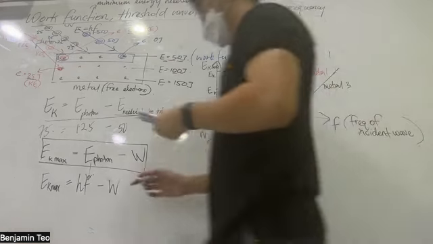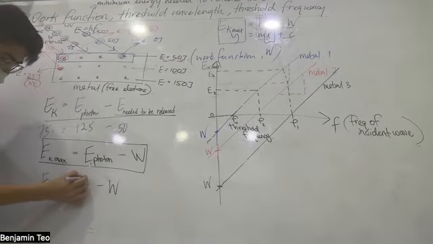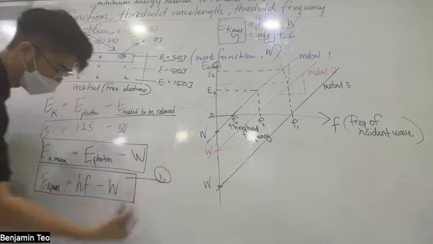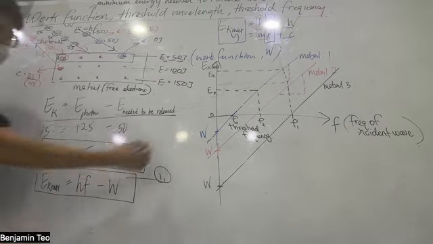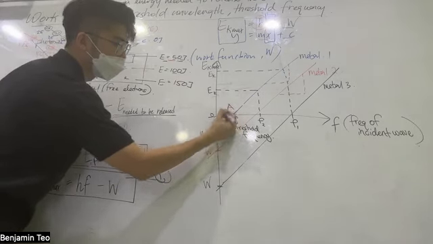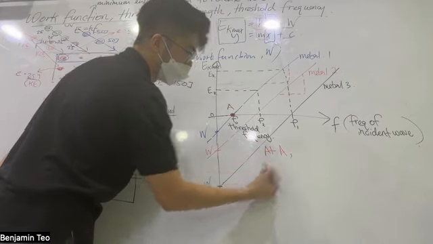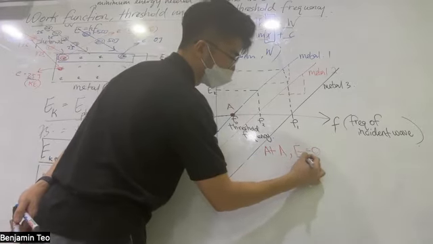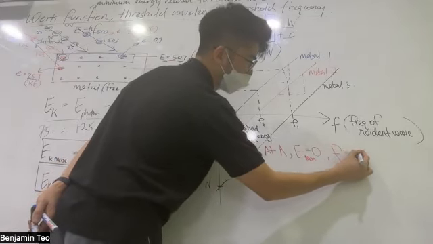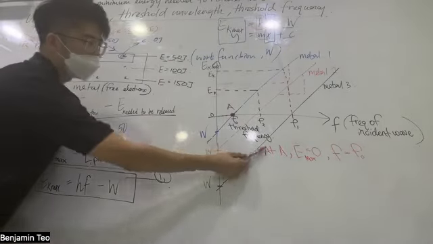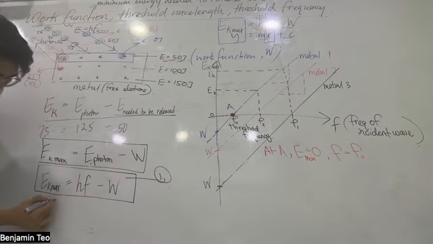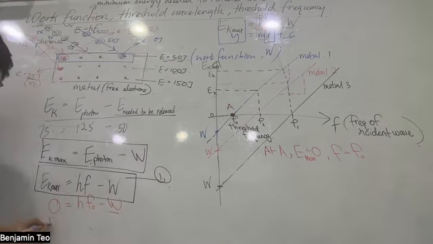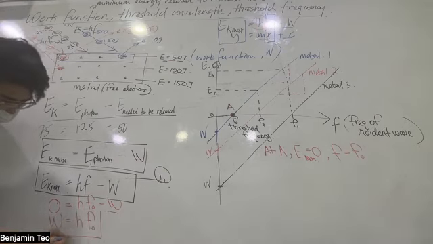OK, so the formula that you need is this one: Ek max equals hf minus W. Let me label it 1. And also, if I take this point, point A, at A, y equals 0, your Ek max equals 0, and your f equals f not at point A. If I sub this point into my formula, then 0 equals hf not minus W. I move it over: W equals hf not. This is another formula.